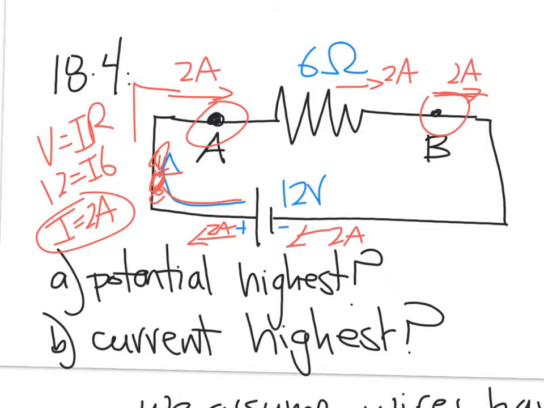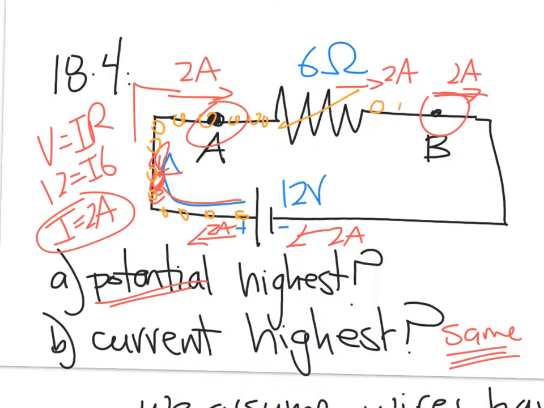So where is the current highest? Well, it's the same at both A and B. But in terms of the potential or the voltage, all these electrons have a potential of 12 volts because they just left the battery, and they're cruising along. All of that potential is used up in getting through the resistor.